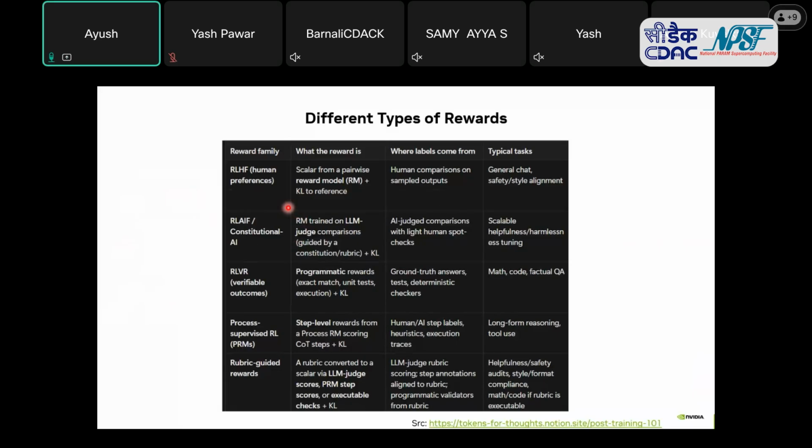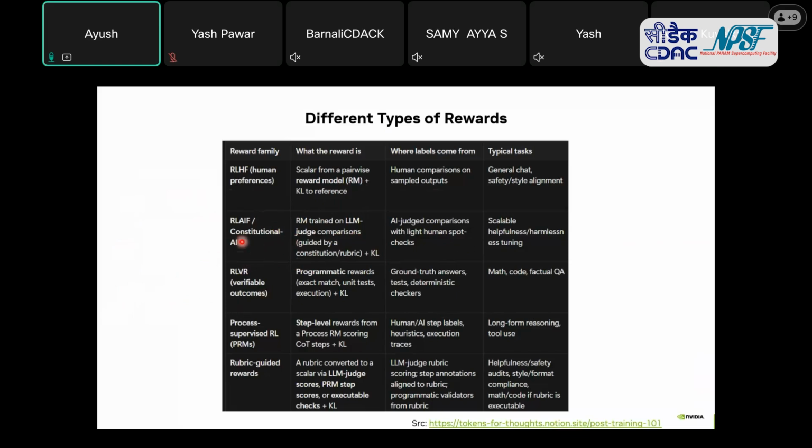There is another, reinforcement learning from AI feedback, proposed by Anthropic, which uses an LLM together with a written constitution, a set of policies, to scale supervision and generate preference signals. Basically, the AI models themselves generate these scores, and the constitution is a kind of policy which guides the rewards for those completions.